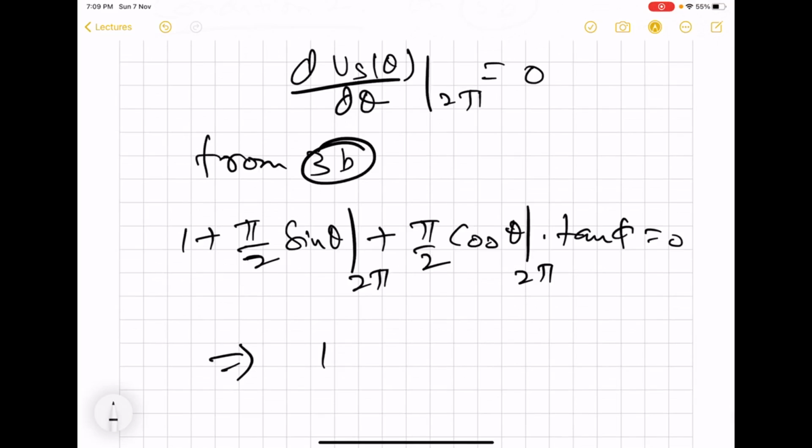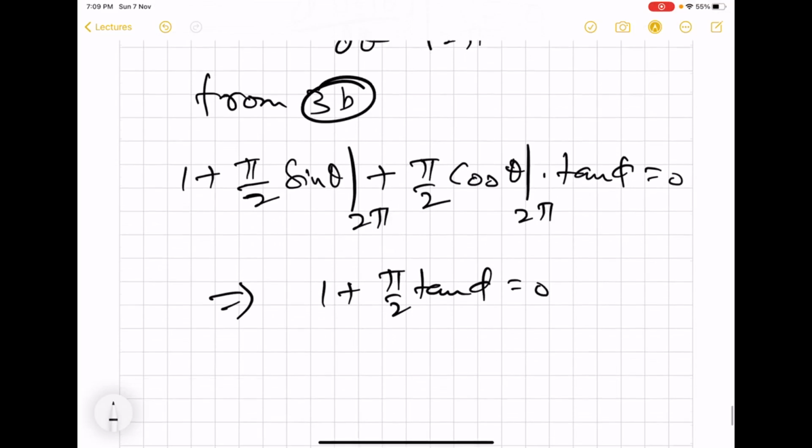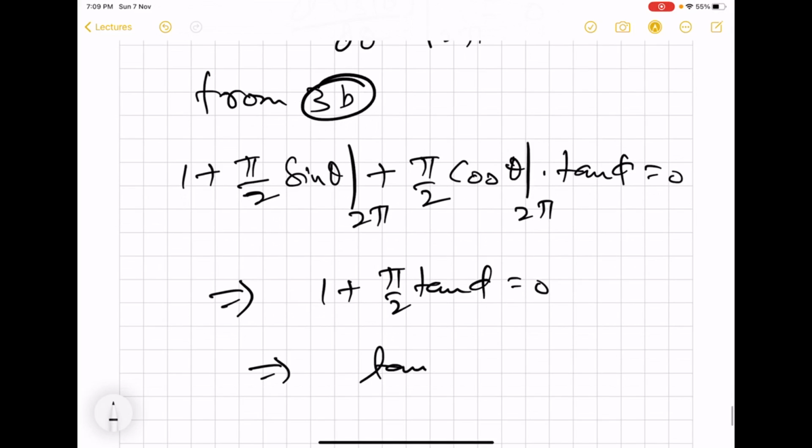So this gets simplified to 1 plus pi by 2 tan phi is equal to 0, implying that tan phi is equal to minus 2 by pi.